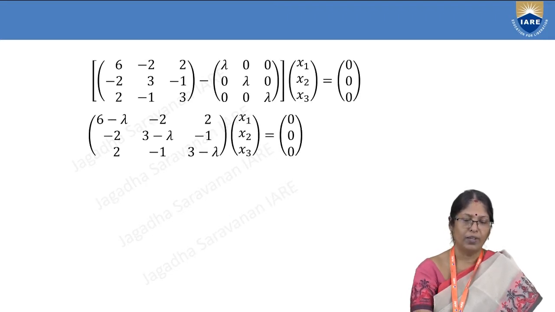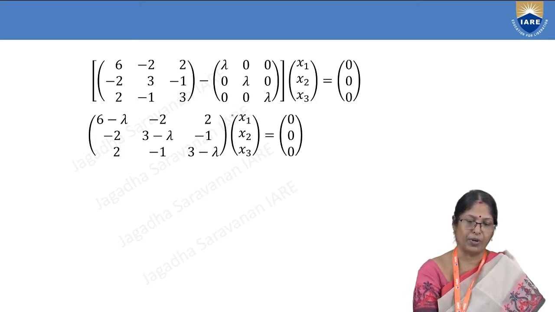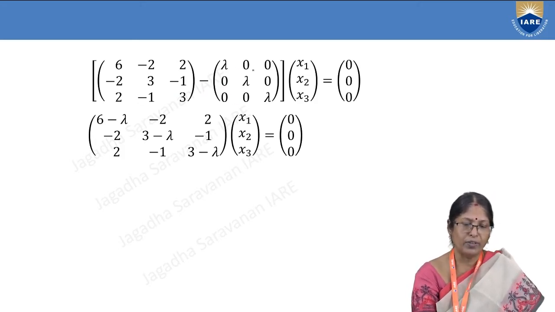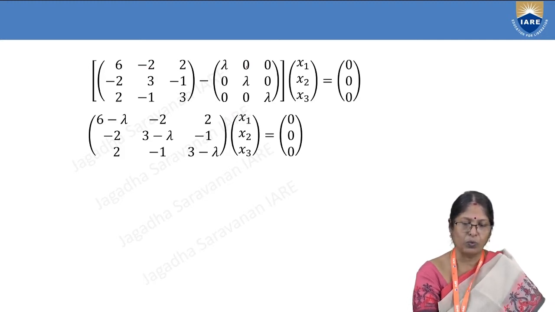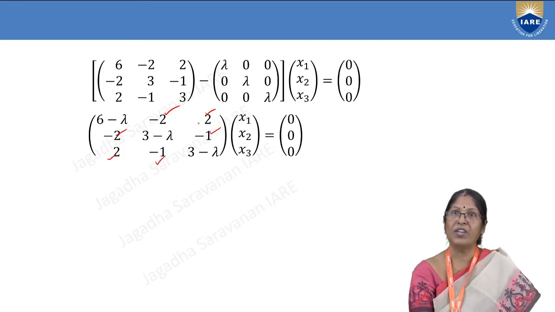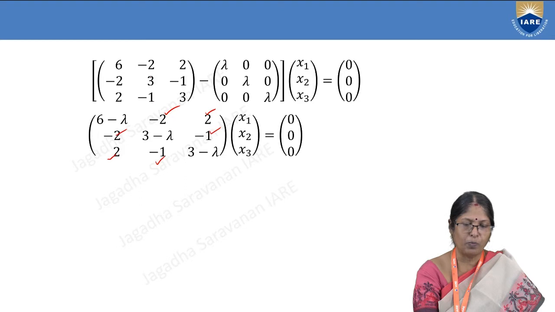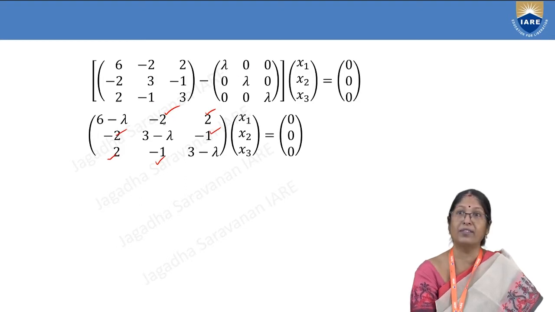Now we have to subtract these two matrices, where 0 plays the role of additive identity. So minus 2, 2, and minus 1, 2, and minus 1: these elements we write as it is, because minus 2 minus 0 is the same as it is, since 0 is the additive identity.